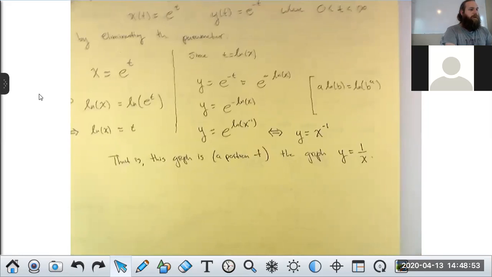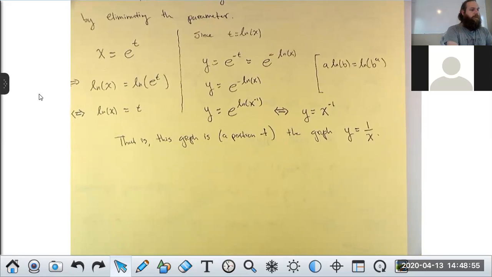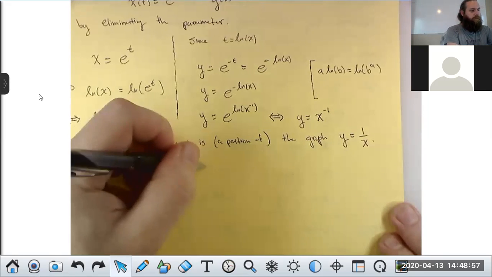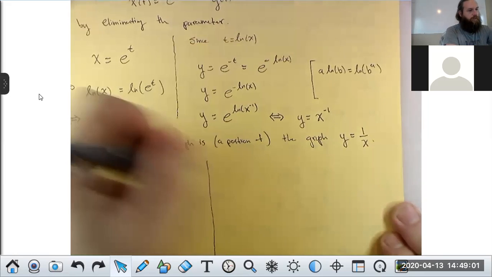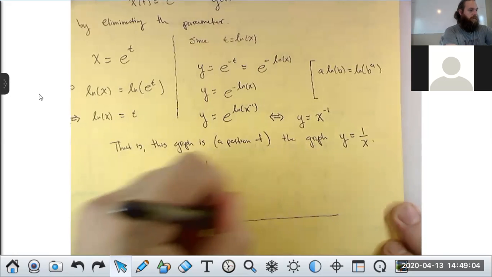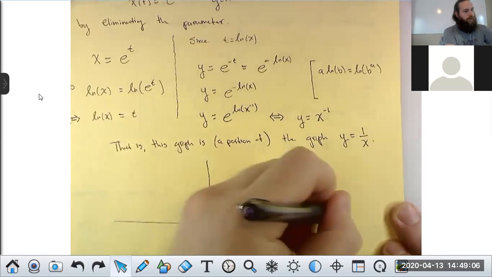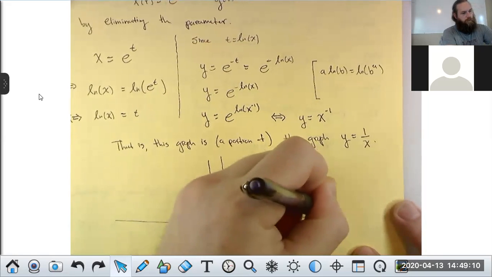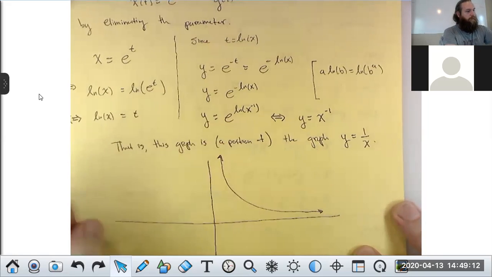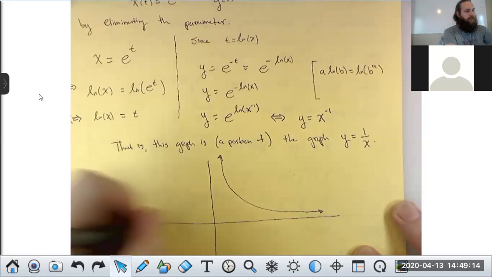So I know what 1 over x looks like. That's a rational function. It has a vertical asymptote at x equals 0, a horizontal asymptote y equals 0, and so on. So in quadrant 1, I have a part that looks like this. And normally over here, I'd also have a part that looks like this.